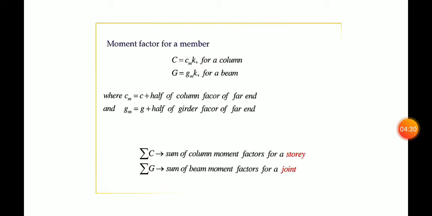So Cm will be 1.5 into C, and Gm will be 1.5 into G, because C plus half of C and G plus half of G. Sigma C is the sum of column moment factors for a story, and sigma G is the sum of beam moment factors for a story for a joint.